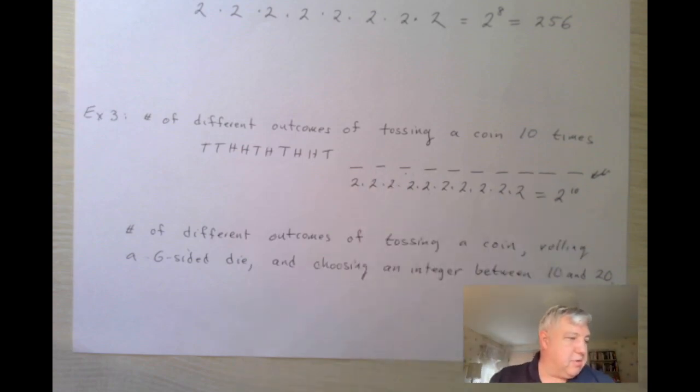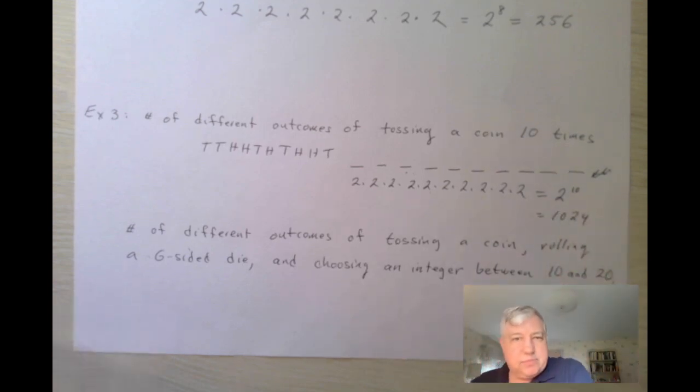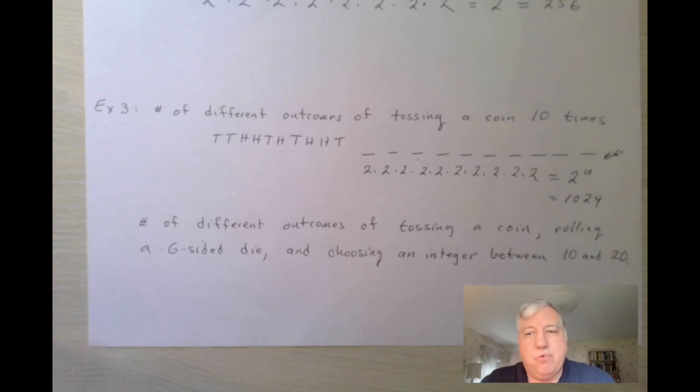And so this is going to be 2 to the 10th, which is 1,024. So there are 1,024 different outcomes if you toss a coin 10 times.